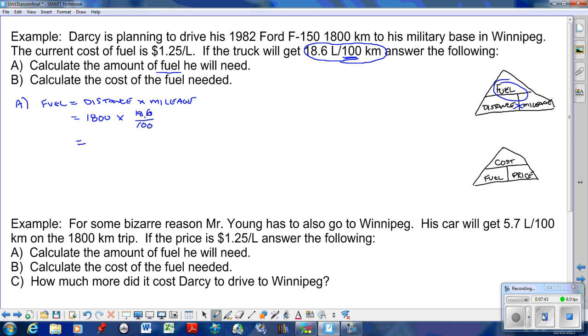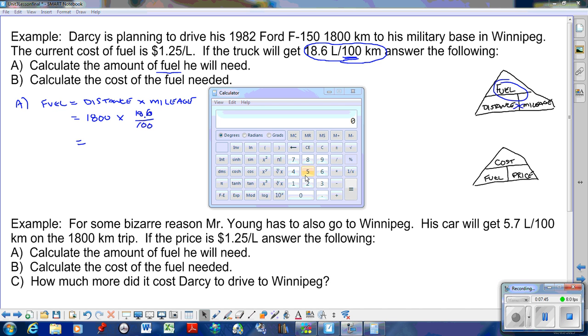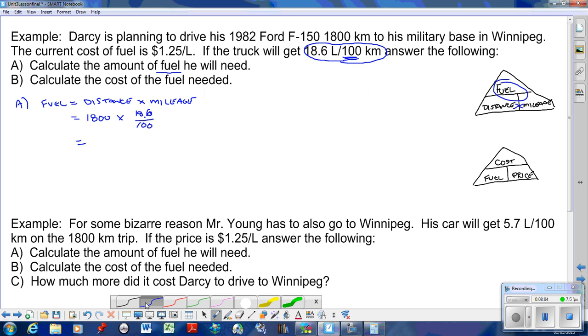You can take out your calculator. And using the calculator, we simply punch in 1800 multiplied by 18.6 divided by 100, and we end up with 334.8. So 334.8 liters.